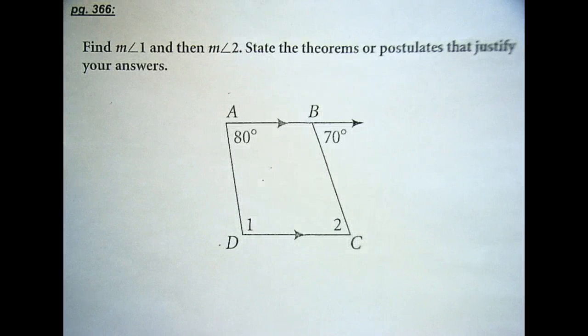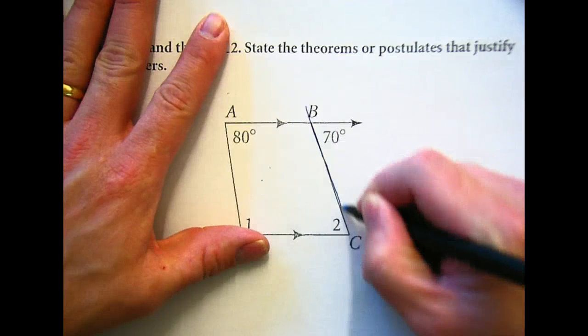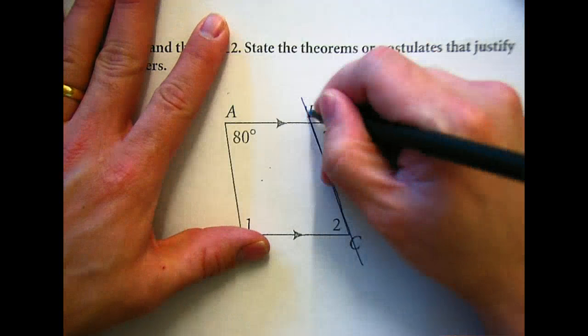Yes, Grace? So number 2 is 70 because how I did it was, since those two angles are supplementary, the other one would have to be 110, and then same side interior angles, the other one supplementary.